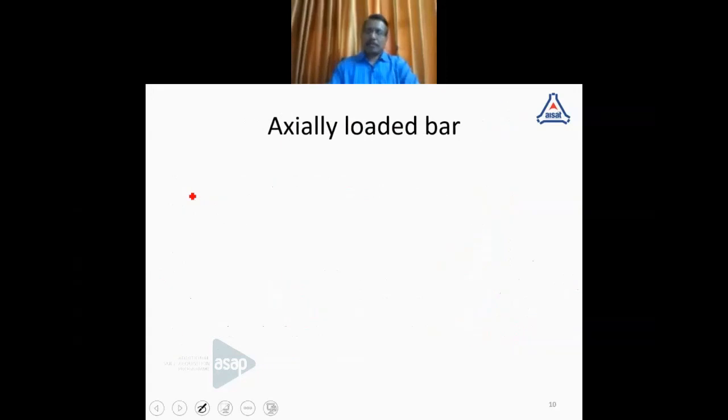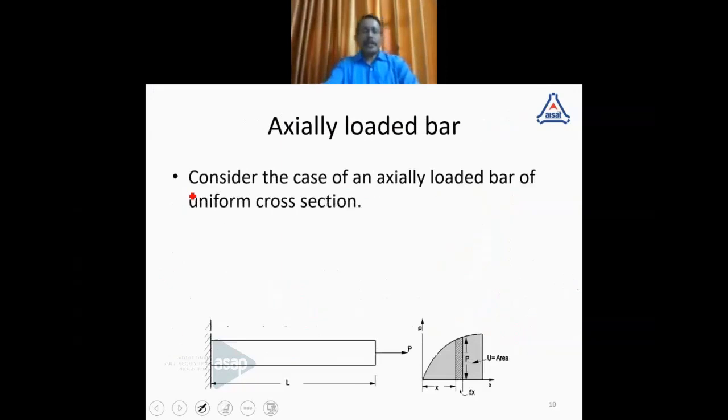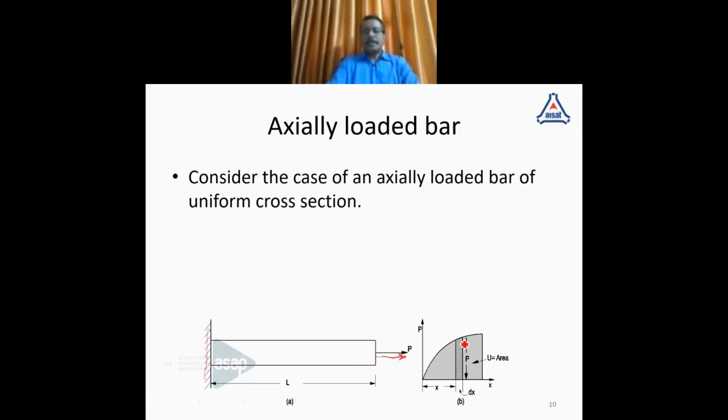Now we will take a simple example of an axially loaded bar. The diagram is shown here. A bar of length L is fixed at one end, and a load of P is applied at the free end along the axial direction. And this load deflection diagram can be represented like this.